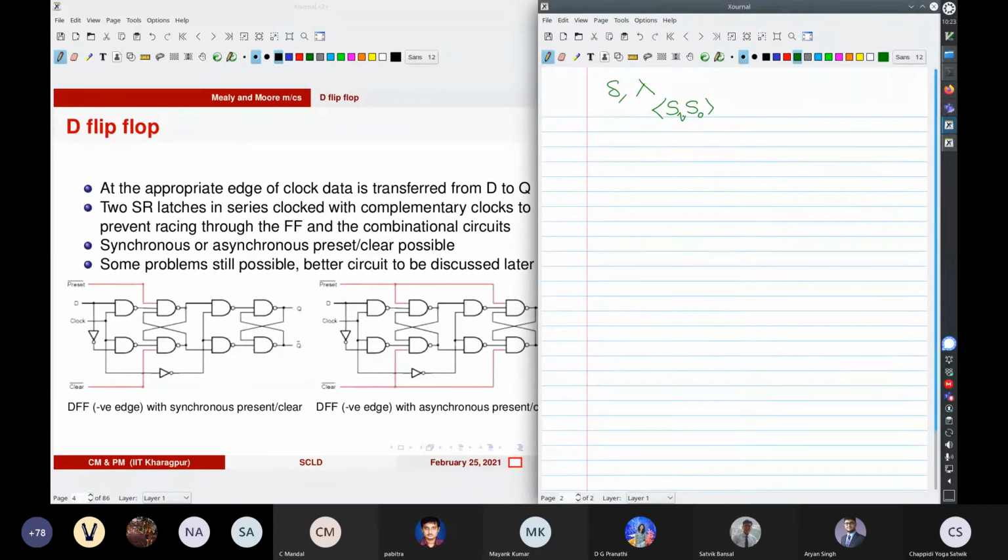If you have 4 states, you could specify those using 2 bits. We can specify those symbolically. Probably the choice of S here was not so good, so maybe I can call those Y1, Y0.